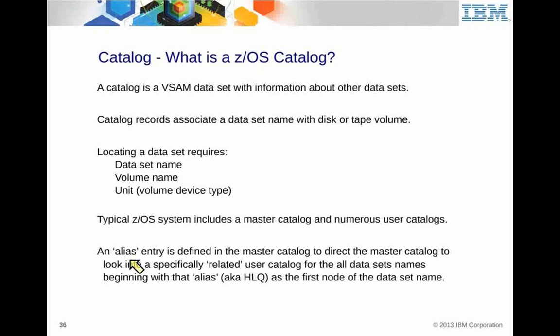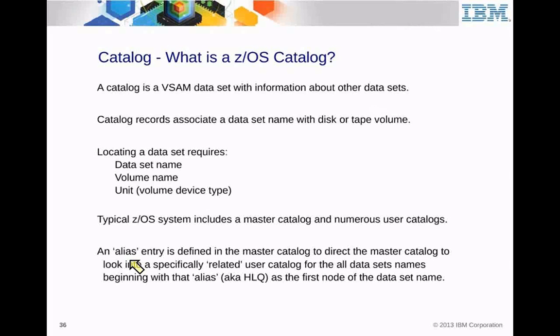So in the master catalog, you can actually define an alias entry. What an alias entry typically is, is the prefix or high-level qualifier of a data set name. Then the alias is associated or related to a user catalog.